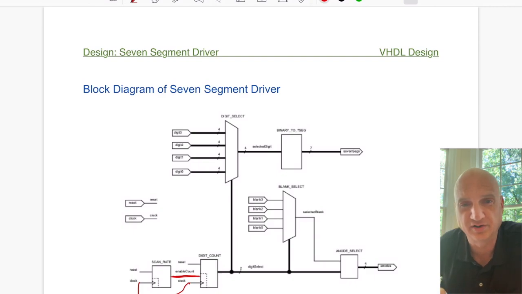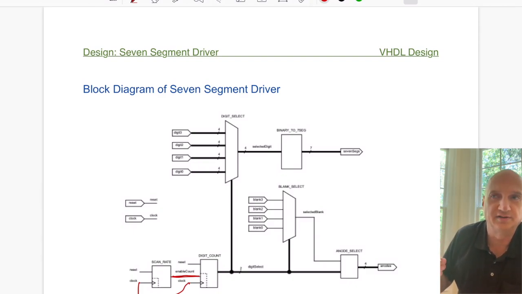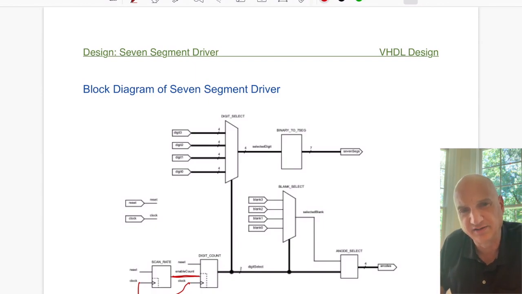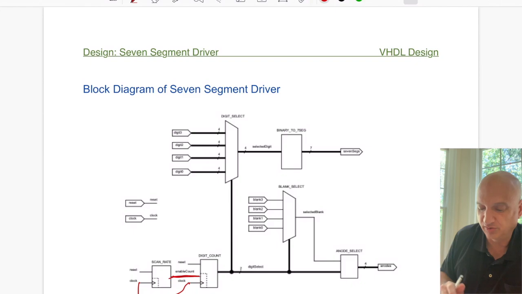So it's basically causing the clock to be paid attention to or not. So if that enable is not active, the clock has no effect. If that enable is active, then the clock will do what we want it to do, in this case, count up to the next digit. So that enable is an incredibly important signal.